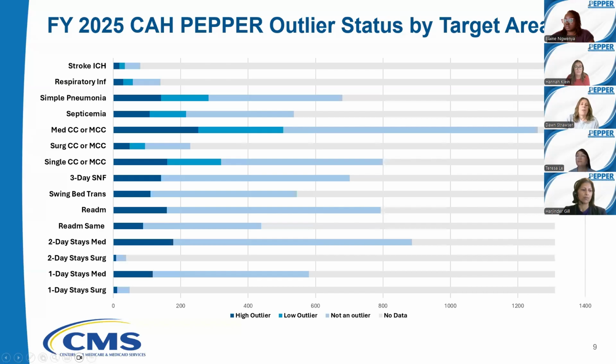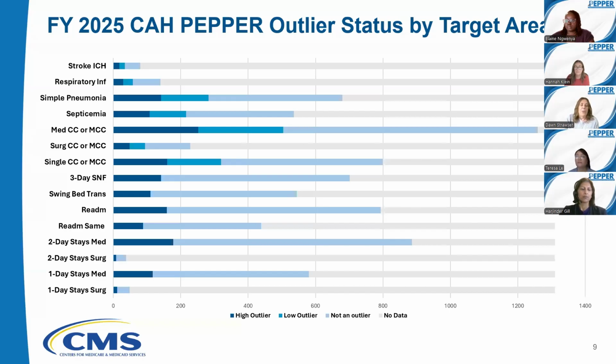This slide summarizes fiscal year 2025 outlier status by target area across critical access hospitals. For each target area, the chart shows how many hospitals were identified as high outliers, low outliers, and how many were not outliers, and also how many had no data due to insufficient volume.